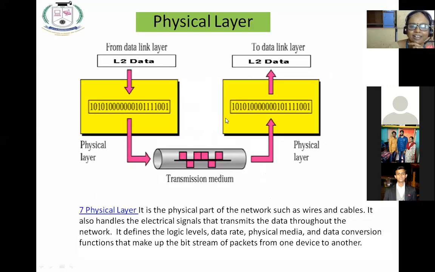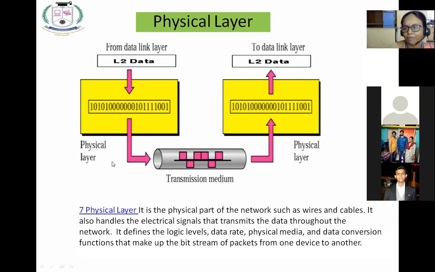So the physical layer deals with bits and the transmission media, whatever the media may be. Whether it is in the form of wires and cables, it also handles the electric signal, the data transmitted throughout the network. It defines the logical level, the data rate, at what speed it is converting, and the physical medium.